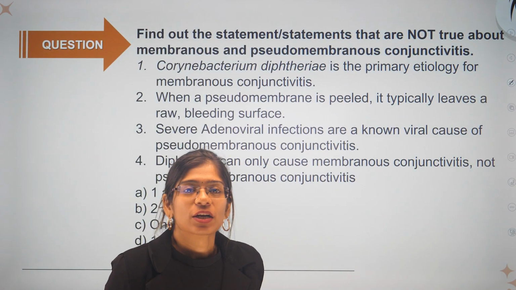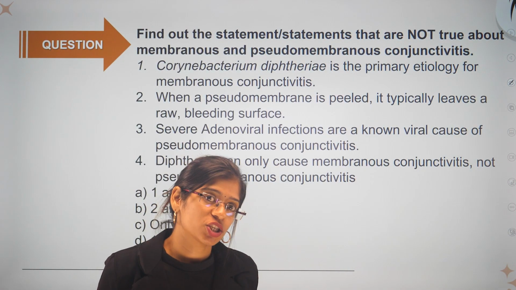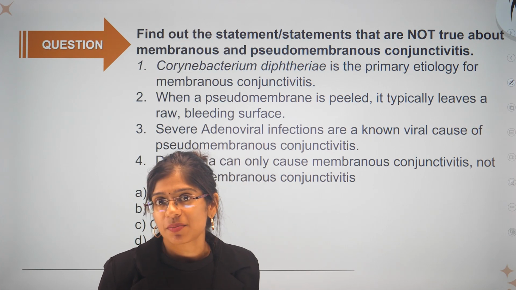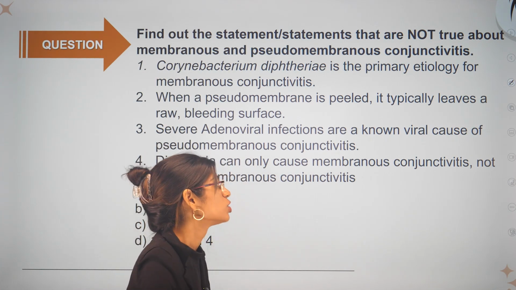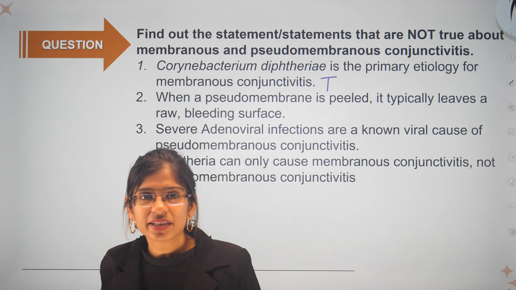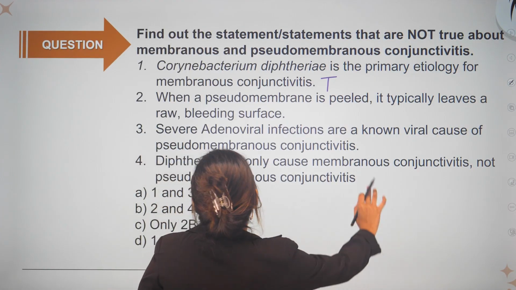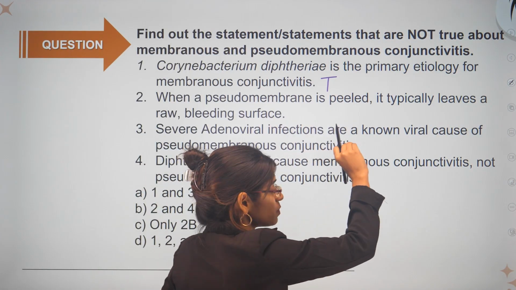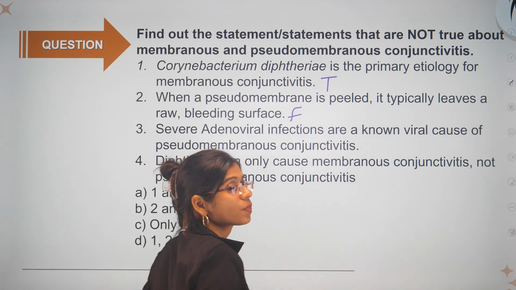Moving on. Find out the statements that are not true about membranous and pseudomembranous conjunctivitis. Corynebacterium diphtheriae is a primary etiology for membranous conjunctivitis. True. When a pseudomembrane is peeled, it leaves a raw bleeding surface? No. A pseudomembrane doesn't do that. There is minimal bleeding when you take off the pseudomembrane, so that is false.